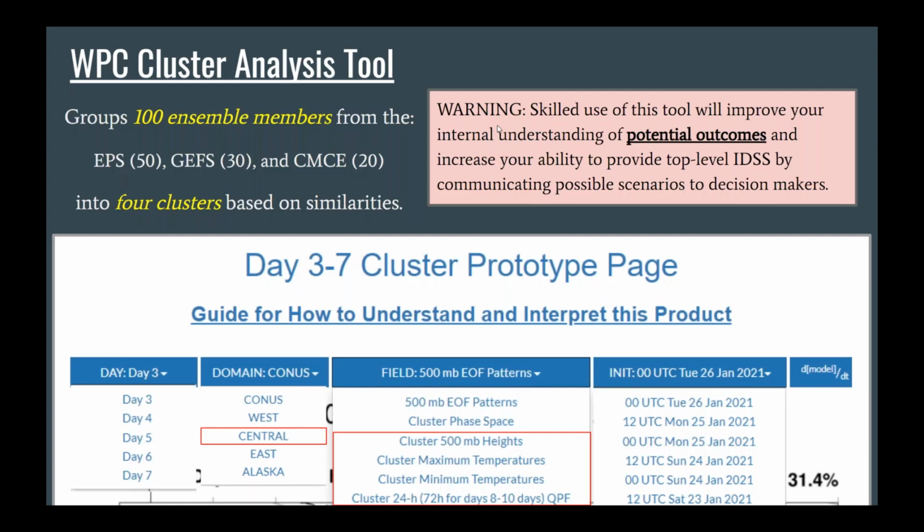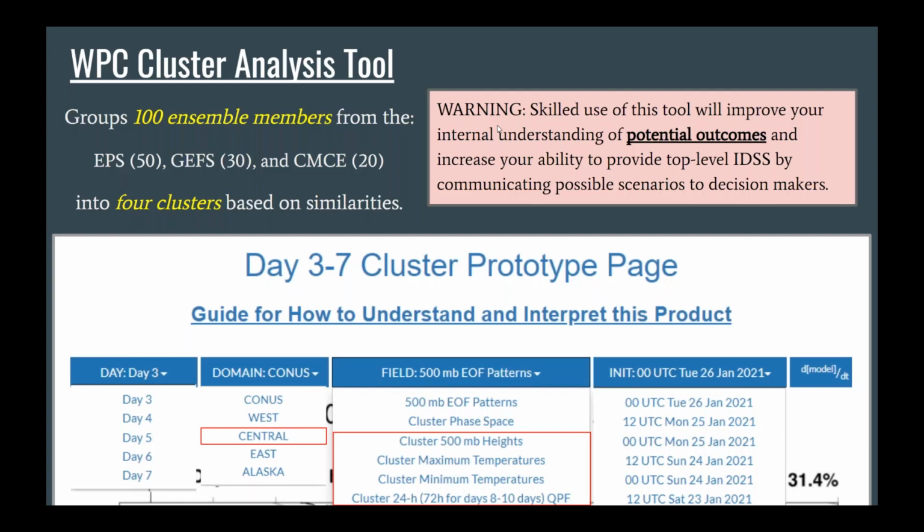Again, WPC runs this. You essentially group the 100 ensemble members. There's 50 in the European, 30 in the GEFS, and then 20 in the Canadian ensemble. And it groups similarities into four clusters.